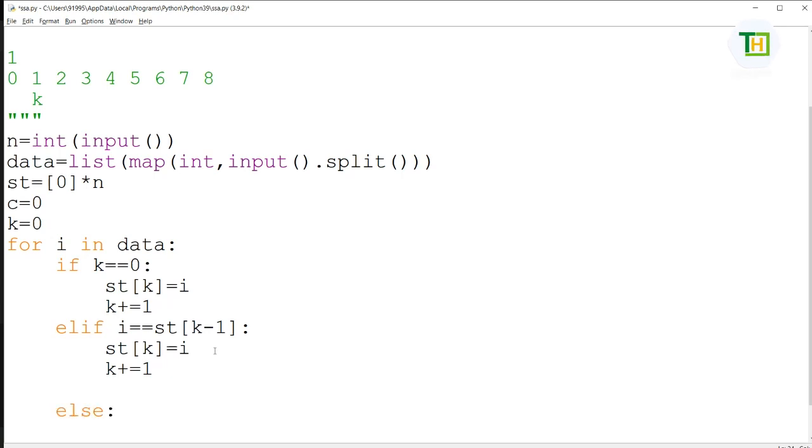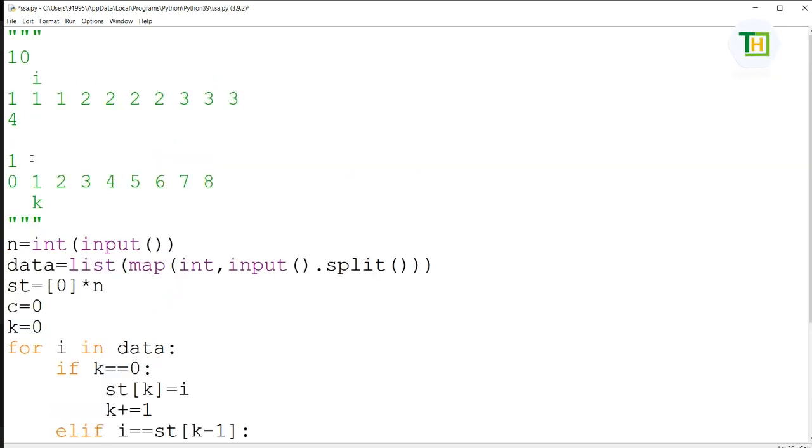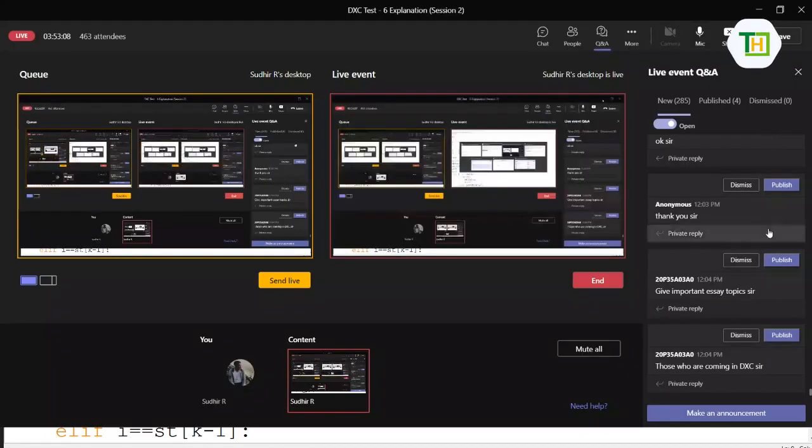Else, that means, for example, 1 is inserted at this position, and again 1 is inserted at this position, and 1 is inserted at this position, right? Now k looks like this. Okay. Now the next value is going to be 2 here.